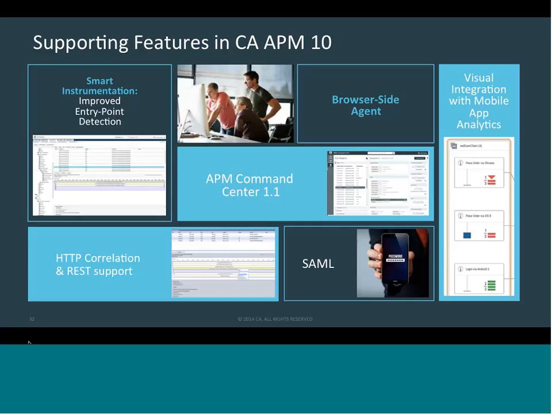And then we've got new support for things like the HTTP correlation on distributed transactions, and there's REST support too that wasn't there. And then finally, there were some additions to the SAML features for customers that had security requirements that weren't met in the past.